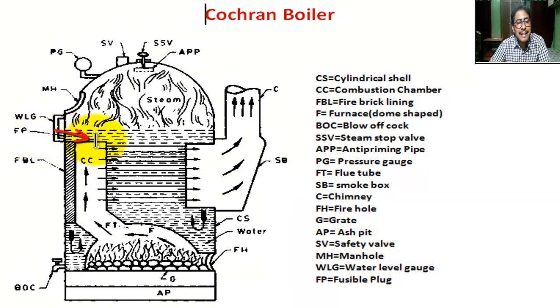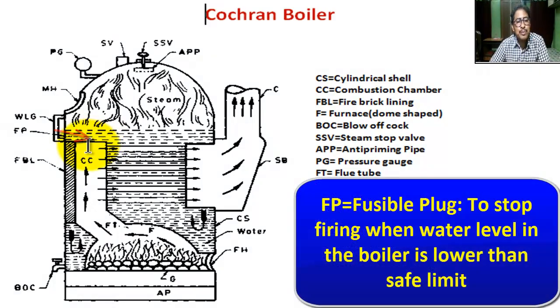This point is FP, fusible plug, to stop fire when the water level in the boiler is lower than the safety level.